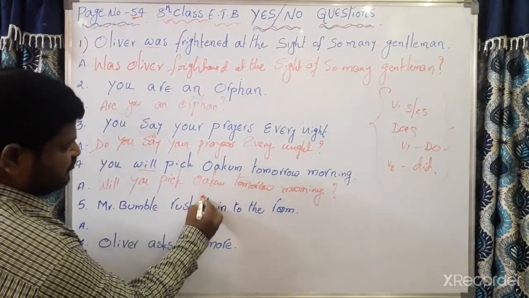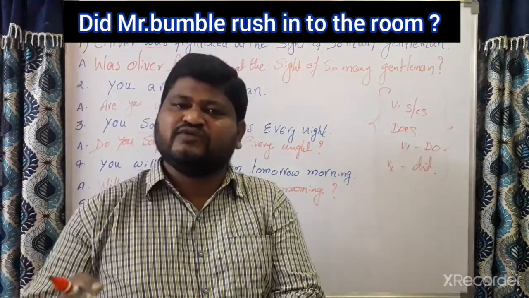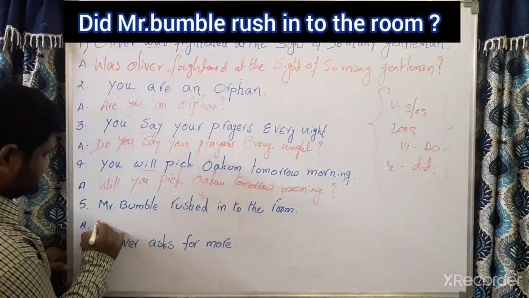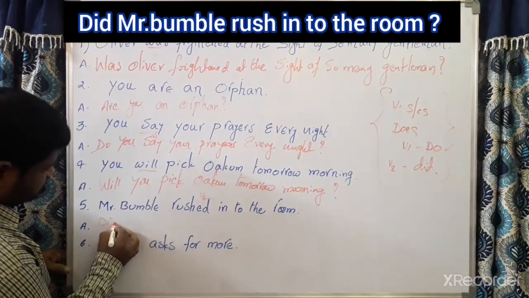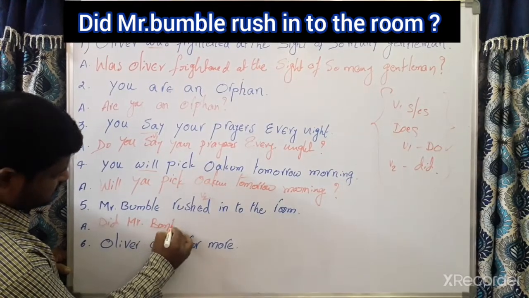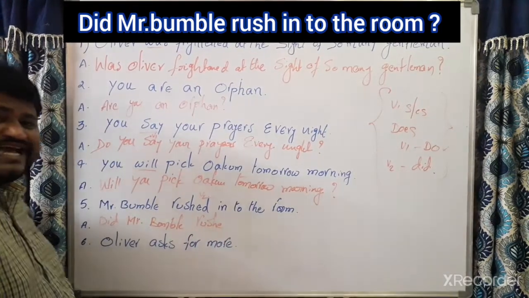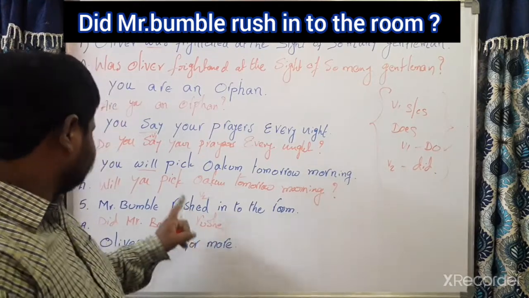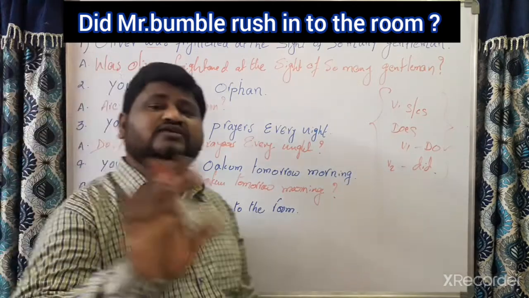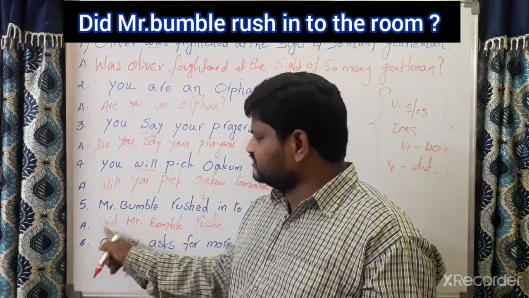Here rushed is in V2. Since it is in V2, you have to start with that helping verb, that is did. Why? Because the verb is in V2. Okay, did Mr. Bumble rush. You should not use the rushed again. Why? Because instead of rushed we take did, so again you should not use that V2.